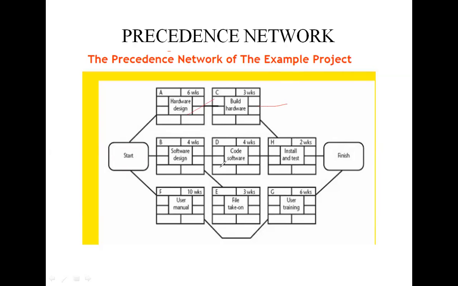So the earliest they can start is 4 weeks. Activity D will take 4 weeks, so the earliest it can finish is 4 plus 4, 8 weeks. And activity E will take 3 weeks, and B is 4 weeks, so 4 plus 3, it will finish in 7 weeks.